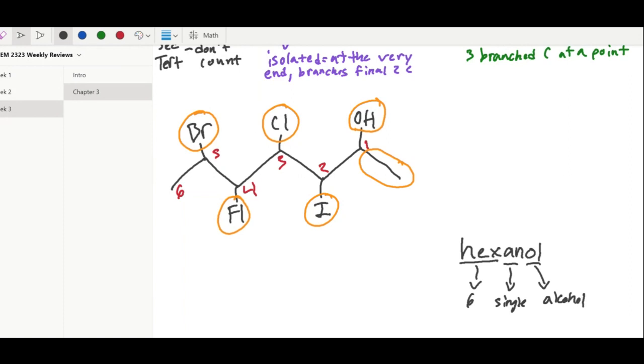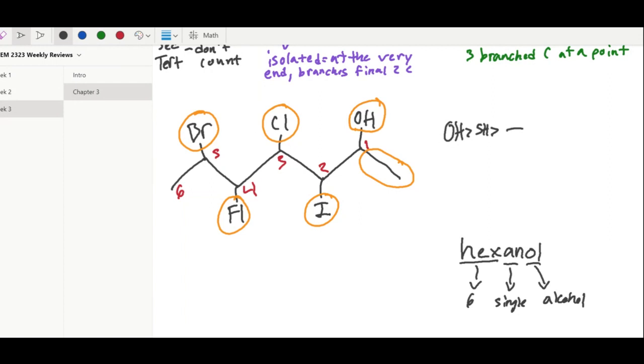Okay, so I'll write down the priority. So it's OH, and then SH, and then basically all the other, like double bond. Yeah, we'll just worry about single bonds for now.